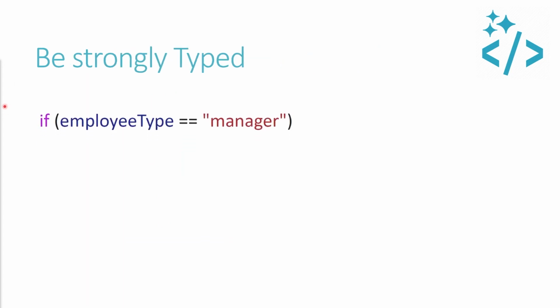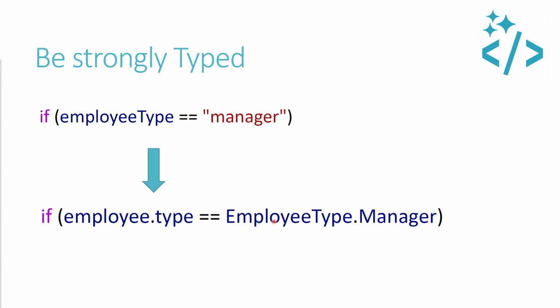Also, we should be strongly typed. If we have a constant somewhere in the code, normally I recommend putting such strings, magic strings, as a constant on the class level to be able to distinguish them, especially if they are repeated throughout the code. Otherwise it will be very hard to modify them at a later point.